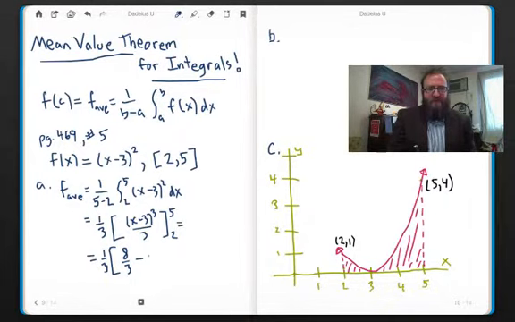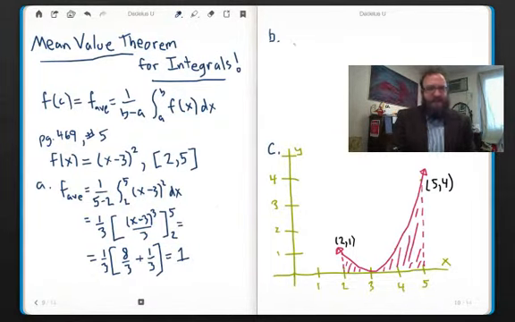So we're going to have minus a negative 1/3, so we'll just go ahead and say plus 1/3. Beautiful. 1/3 times 8/3 plus 1/3. Well, 8/3 plus 1/3 is 9/3, which is 3. 1/3 times 3 equals 1. We'll go ahead and make a fancy 1 since it's our answer to part A.